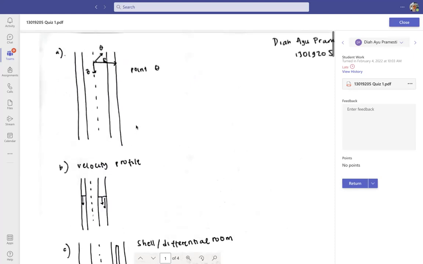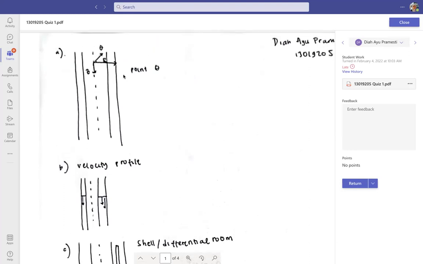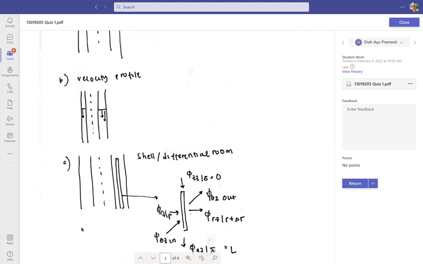I think it would be good, Ayu, if you can draw using a ruler, and make it quite large, so you can point all of them in that one, rather than writing in separate spaces like this. Even if you put the thin shell over here, the thin shell is also over there, because it is two sides, right? It is two sides.